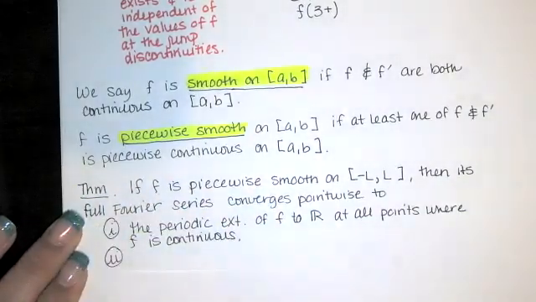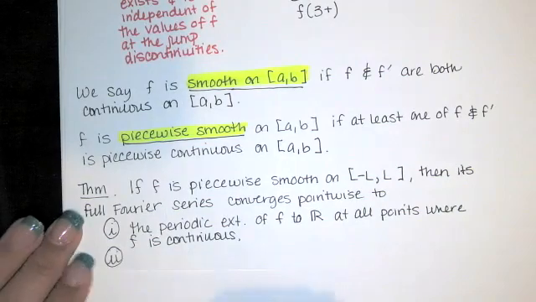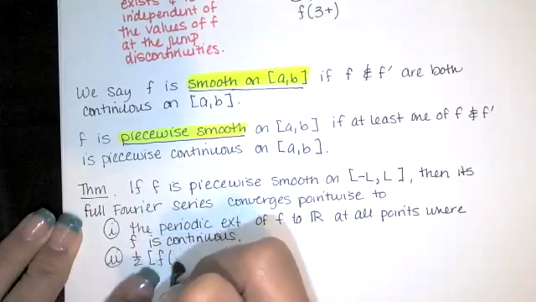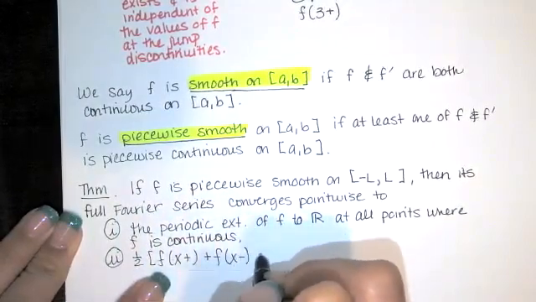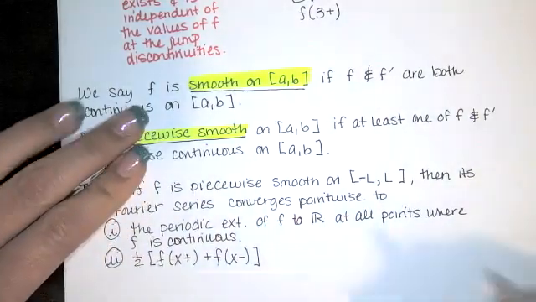And then, using that notation for the left and right-hand limit, it will converge to the average of the limit on the left and the limit on the right for each jump discontinuity.